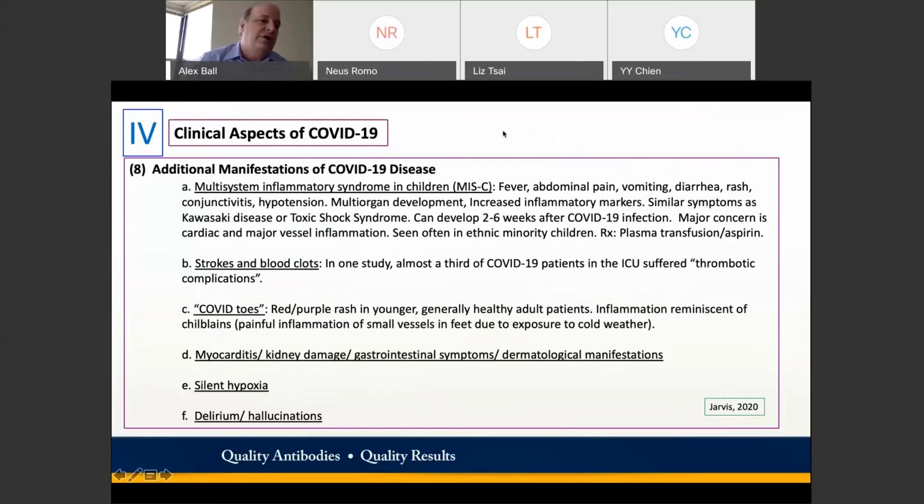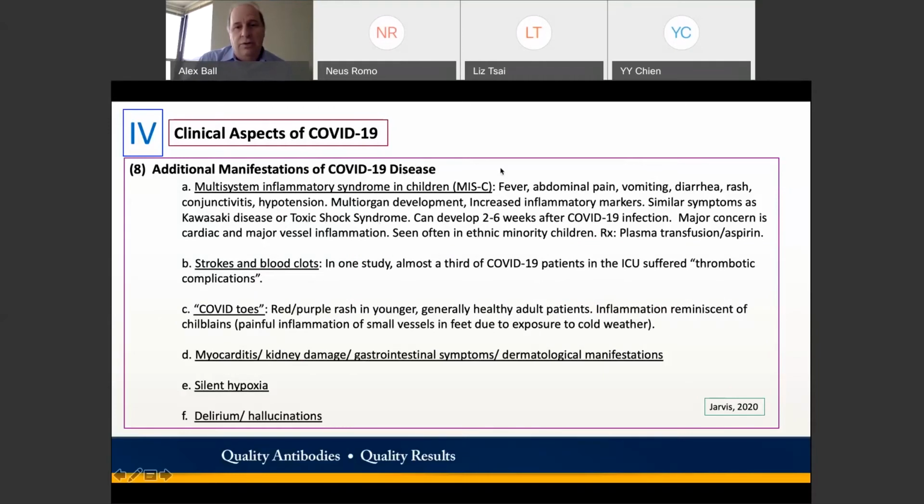What is being appreciated as we're now 4 months into this pandemic is that there appear to be additional manifestations of COVID-19 disease that show how multi-systemic this virus can actually act.